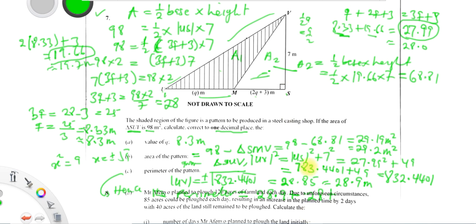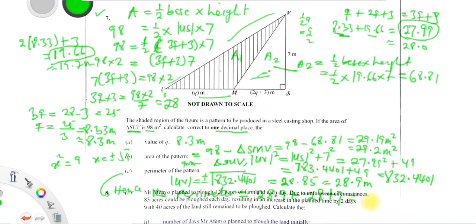It is just the distance around. So what do we get? We add 28.9 plus 28 plus 7.